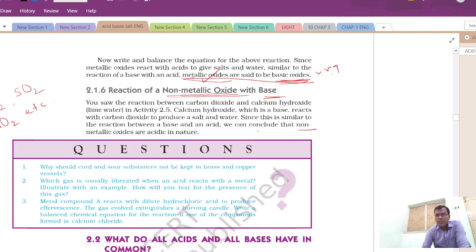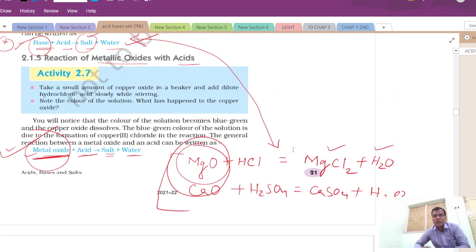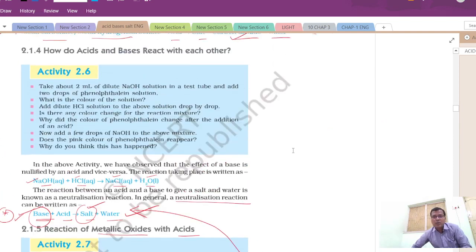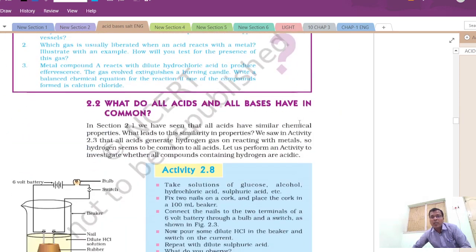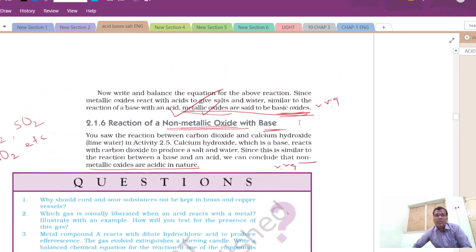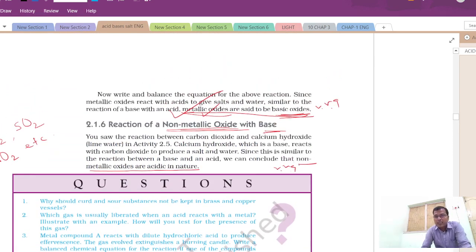You can see here that metallic oxides are said to be basic oxide, okay, and non-metallic oxides are acidic in nature. Then why do I call a non-metallic oxide acidic in nature?